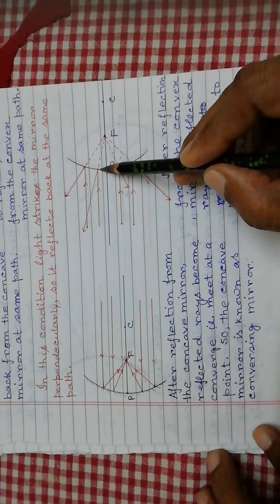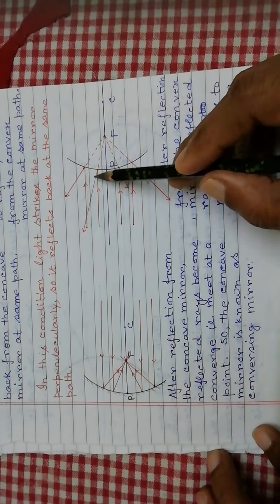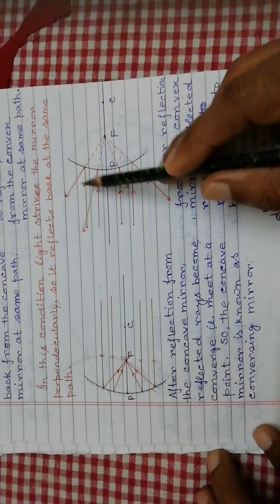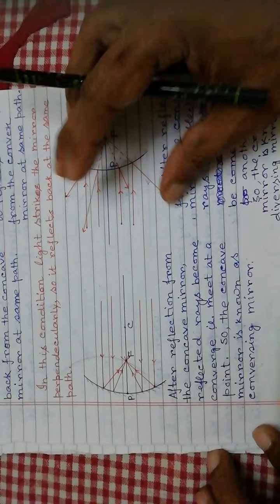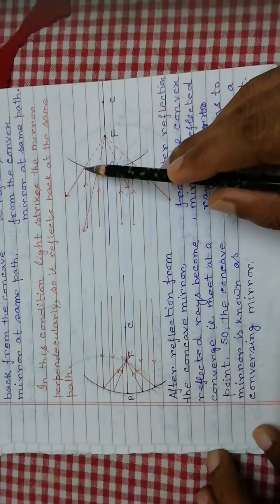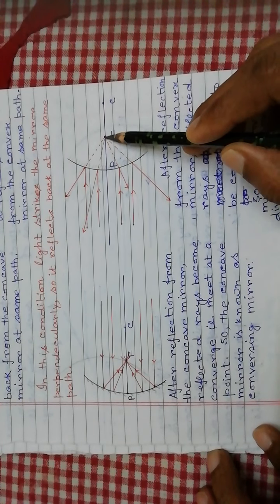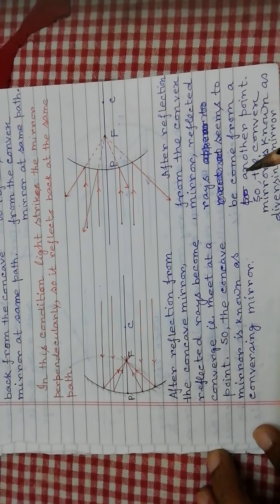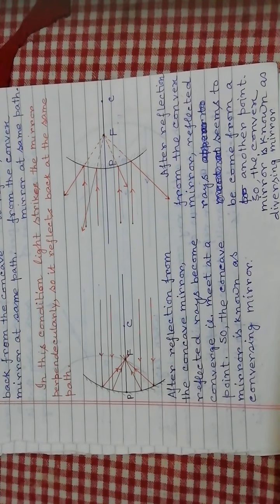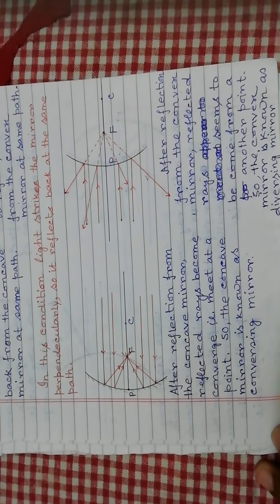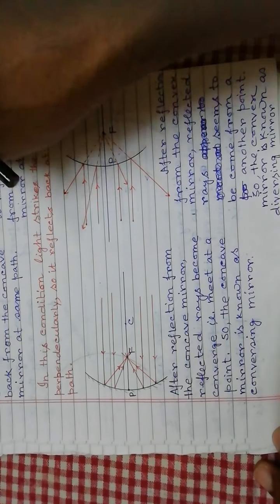After reflection, these are the reflected rays, and these reflected rays diverge, spread out, and seem to come from another point. As the light ray becomes diverged after reflection from the convex mirror, that is why the convex mirror is known as the diverging mirror.